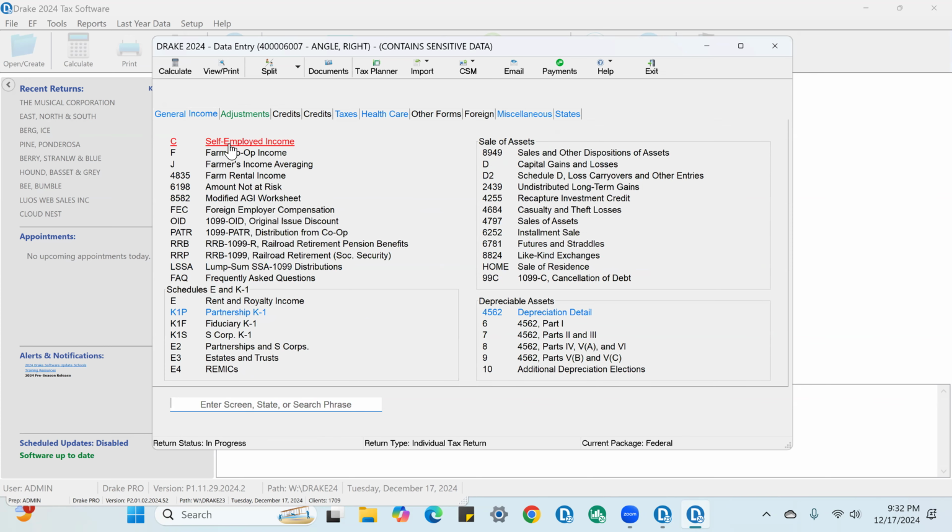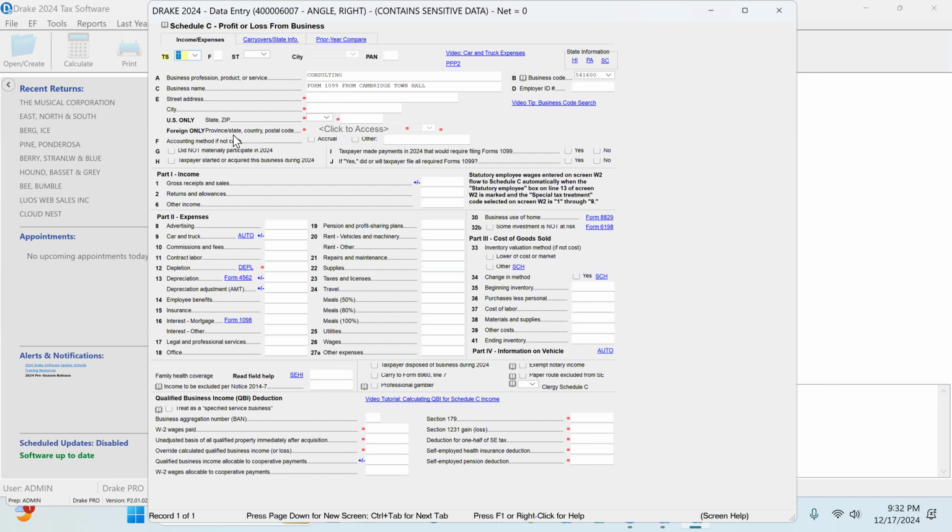There's a self-employed section, so he received a 1099. Now he's a lawyer. He's a partner in a law firm, but on the side he also has some consulting fees from this town hall meeting. They gave him 50K on the 1099.